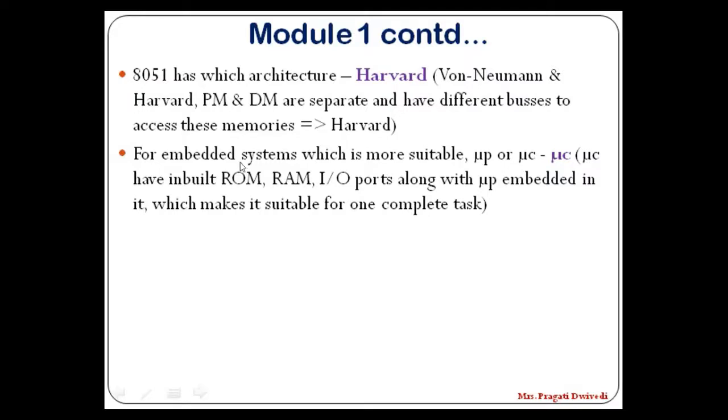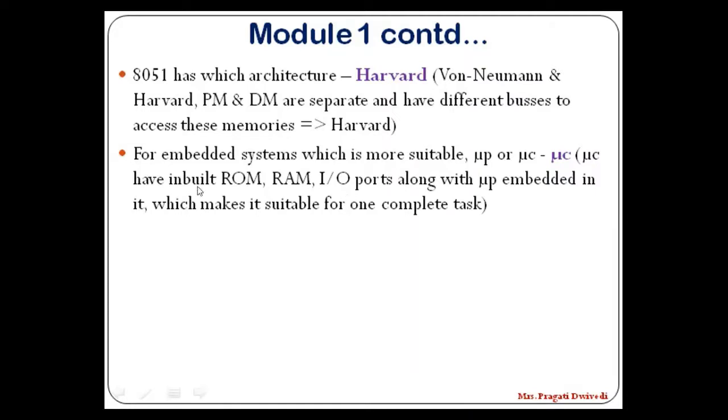What do you mean by embedded systems? Embedded systems are characterized by performing only one task. They are designed to perform a single application, the size of such a system has to be small, and they should be battery operated. All these features you want in an embedded system, so the best option is to use MUC.